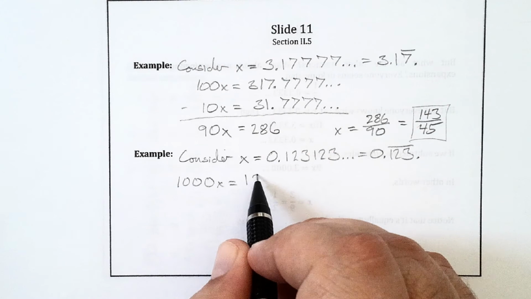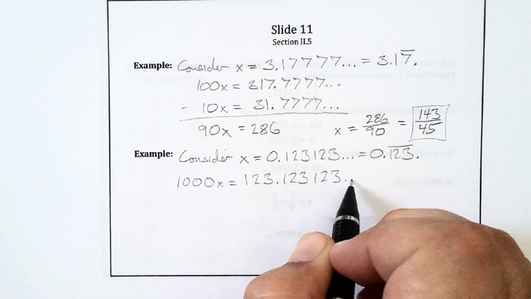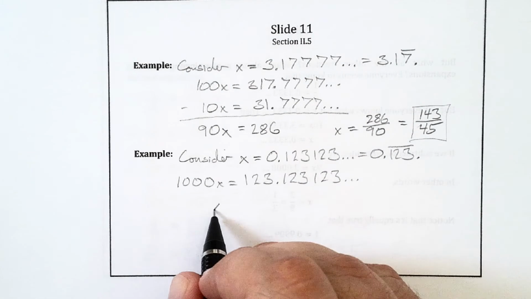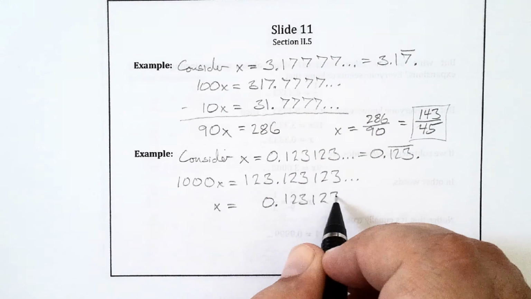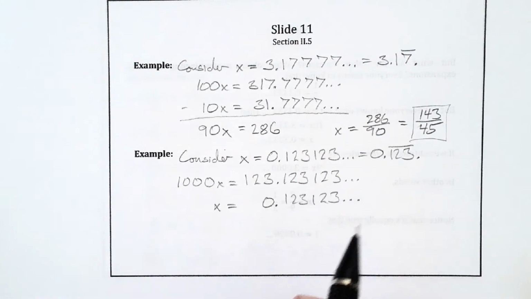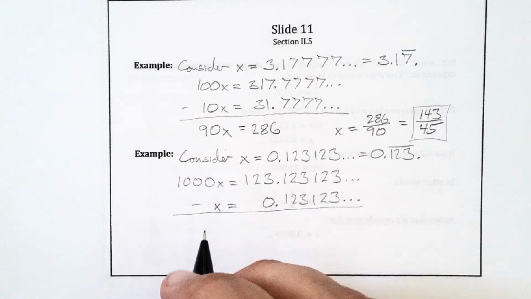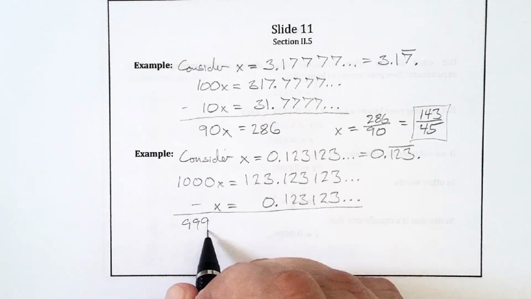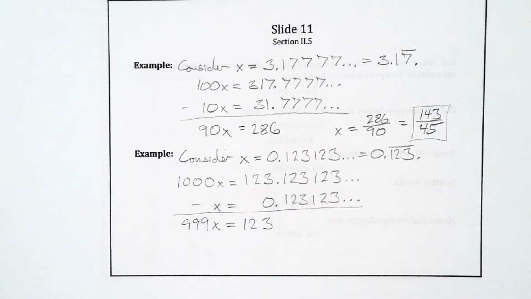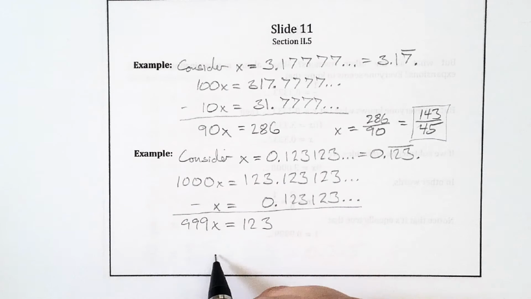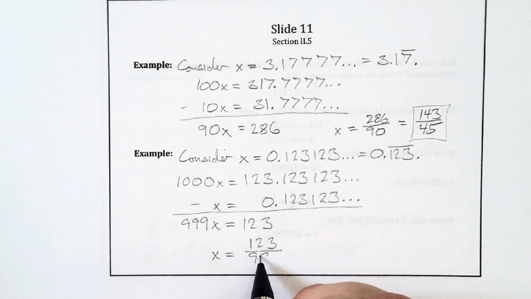That gives 123.123, 123, dot, dot, dot. And then x is 0.123, 123, dot, dot, dot. Now if I take the difference, I have 999x equals 123, because the decimal stuff cancels out. So therefore x is 123 over 999.